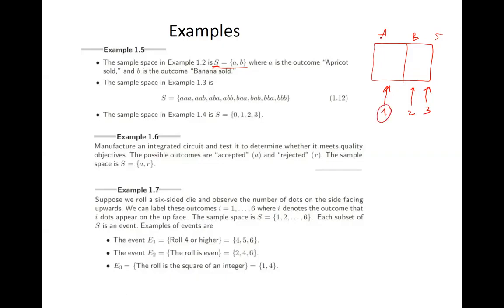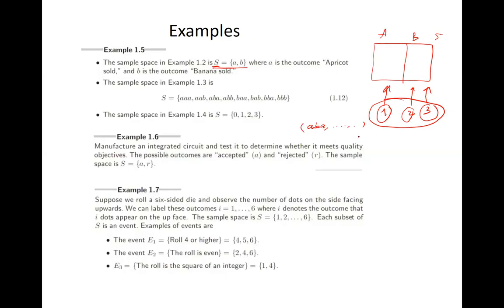The first one might purchase A or B. The second one might purchase A or B. The third one may purchase A or B. So if we try to make a sample space for purchasing of smartphones by these 3 customers, then we can talk about, for example, A, the first one takes apricot, the second one purchases B, and the third one purchases A. So we can think about all the variations of these letters.